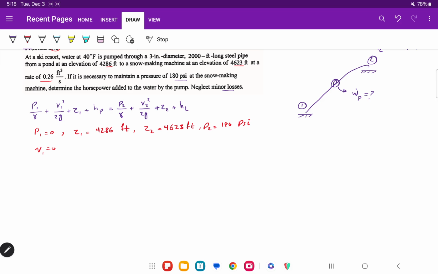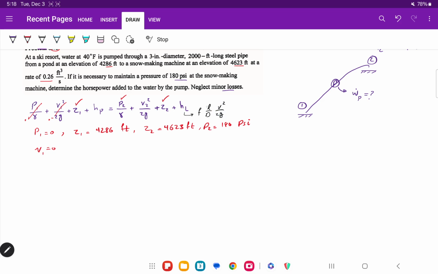Okay, so this term is 0, this term is 0, we have Z1, we have Z2, we have P2. We should find V2 because we want to find HP, and we also know that HL equals FL over D V square over 2G.